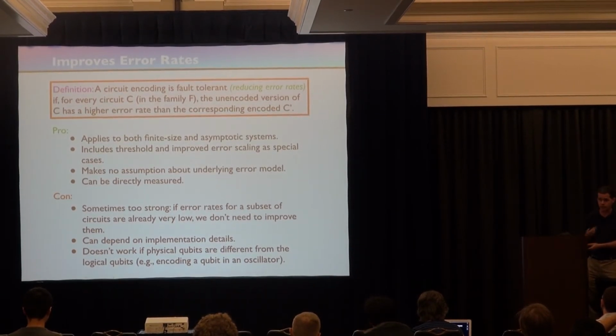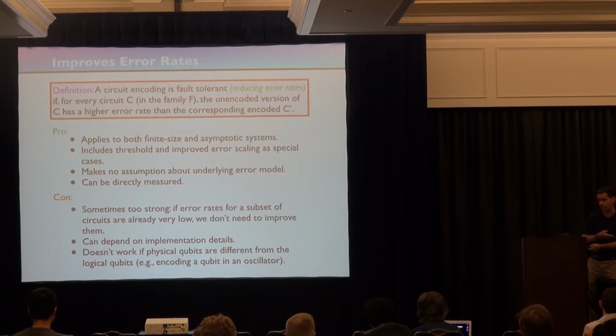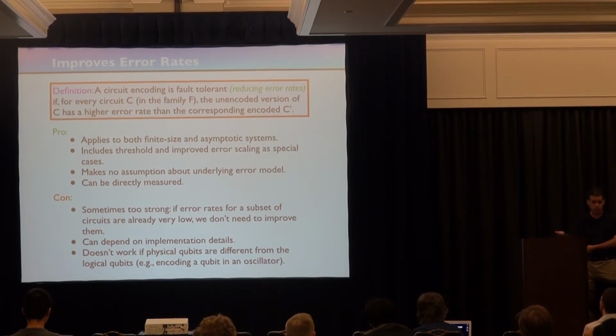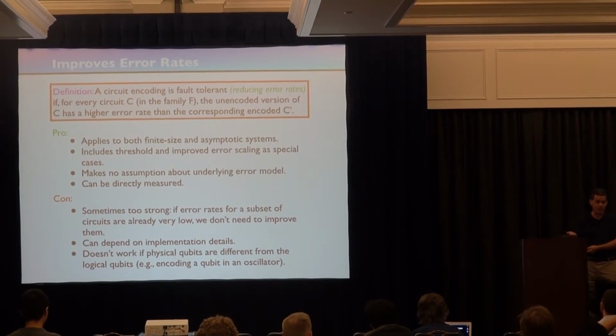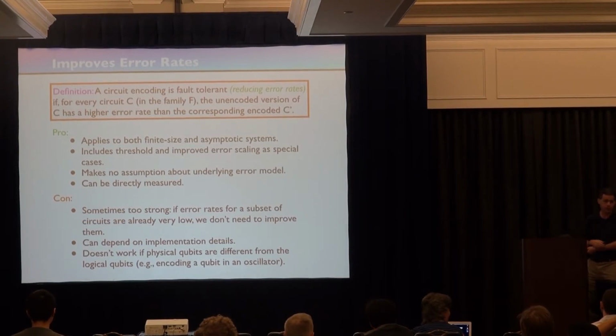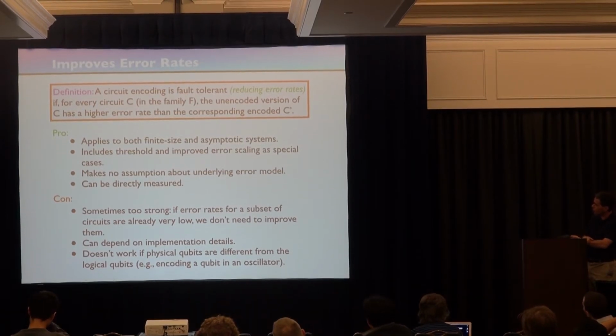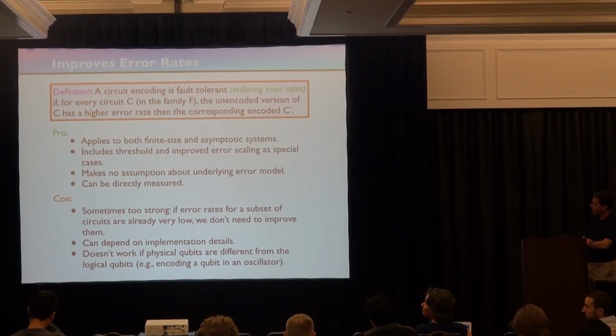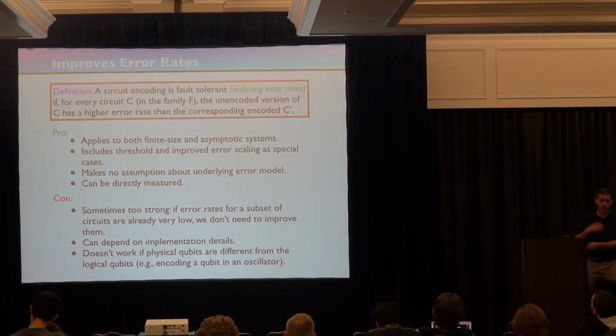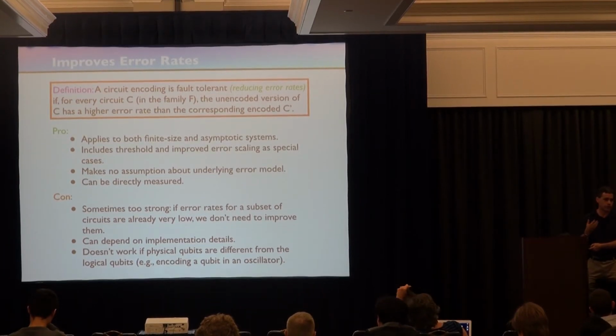His example was if you have pure amplitude damping noise, and you have a circuit that just creates 0 and leaves it at 0, well, you won't see any errors. So the error rate would be 0. Right? And you're never going to get better than that using any kind of fault-tolerant circuit. Actually, it's going to be worse because you'll probably have some 1s in the circuit. So in that context, this definition would say you're not fault-tolerant when really you were just asking too much.